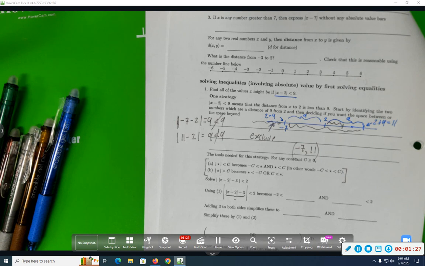So you can translate a number as bigger than c in absolute value to that number being bigger than c, or that number being less than negative c. You feel pretty okay? And that's what happens when absolute value is bigger than that constant.